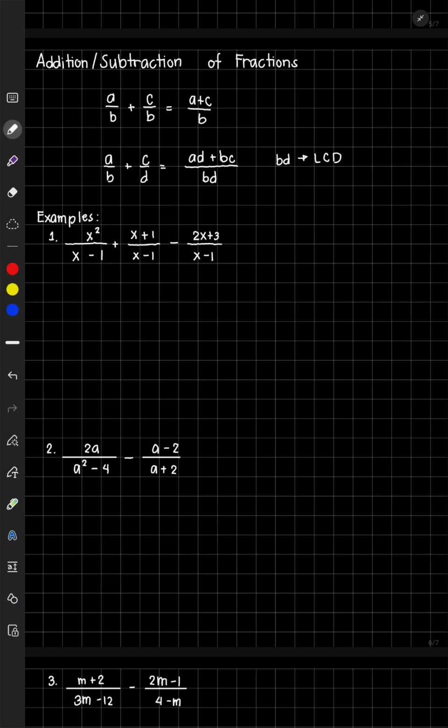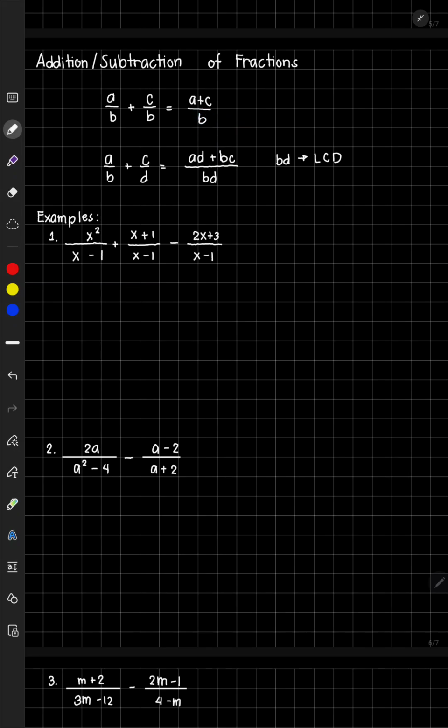So if we add or subtract fractions, if the denominators are the same, for example, we have a over b plus c over b, they have the same denominator. Just copy the denominator and add the numerators, which would be a plus c all over b.